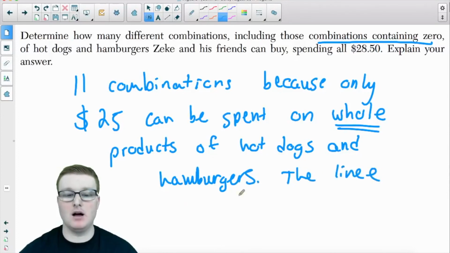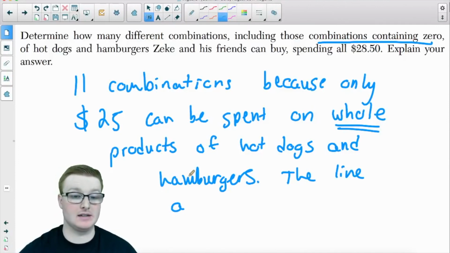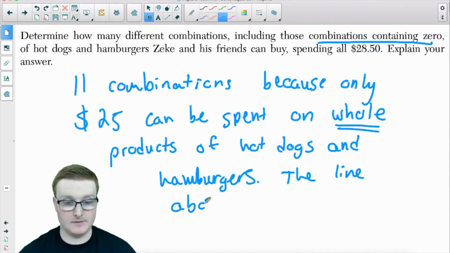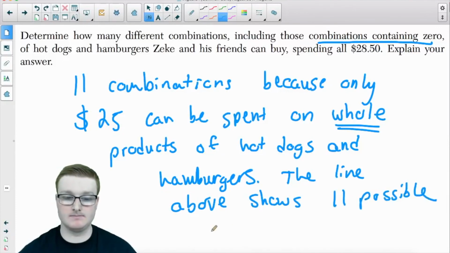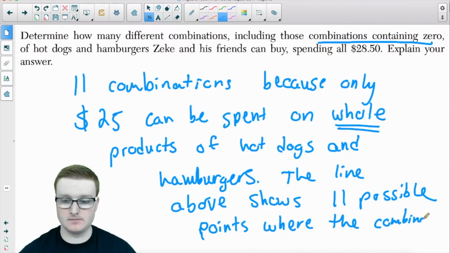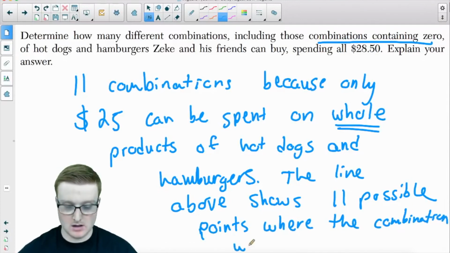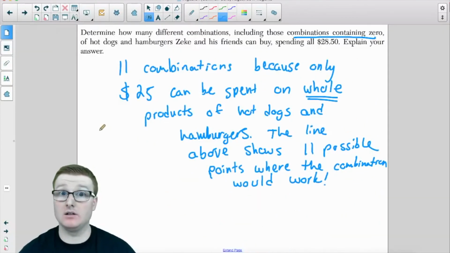The line above shows 11 possible points where the combination would work. And that is how you do that final question.